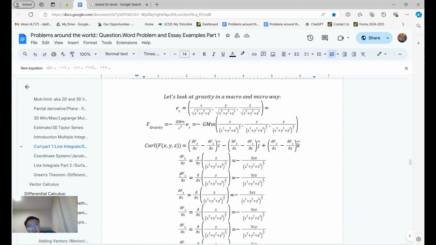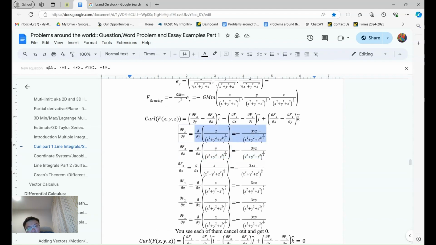Now we have this. Now this is gravity. And here's a partial derivative of all this. I don't think you want me to derive each and every one of them, because they're the same eventually. As I said with partial derivatives, you treat everything else as a constant, just a number. So I don't want you guys to really deal with this.